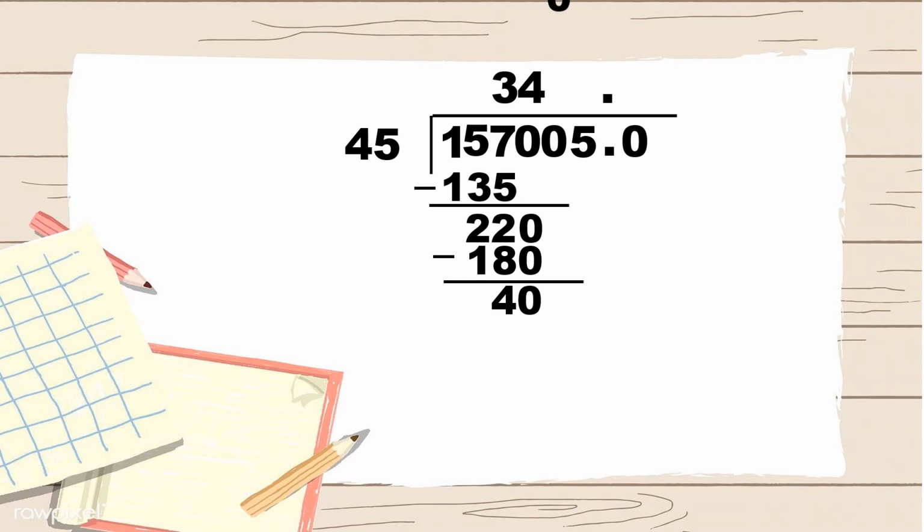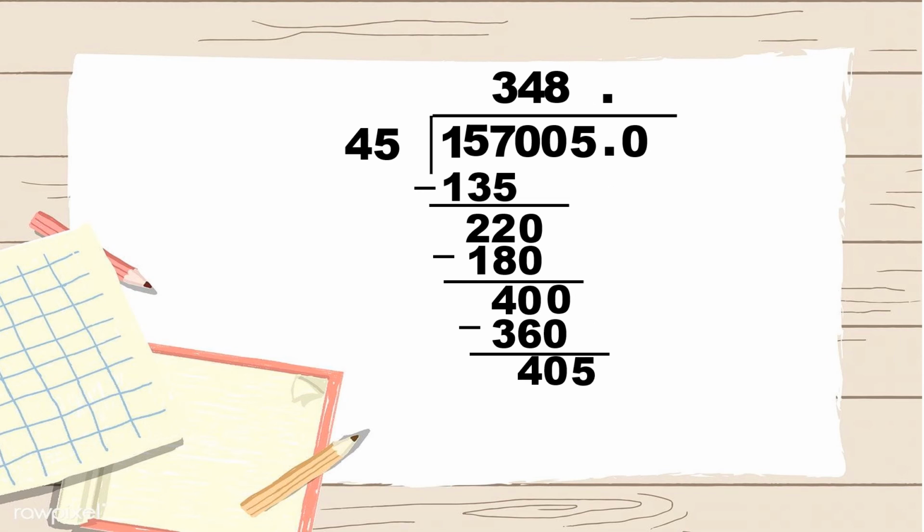Then, bring down again another 0. 400 divided by 45 equals 8. Then 8 times 45 equals 360. Subtract 400 minus 360 is equal to 40.